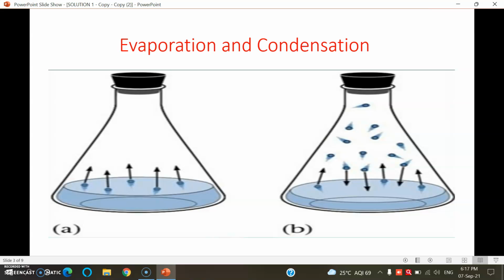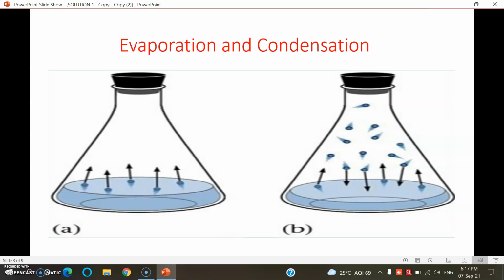I already mentioned the molecules present on the surface absorb energy. After absorbing energy of a specific amount, they escape the liquid state and go into gaseous state. That is the tendency of evaporation.